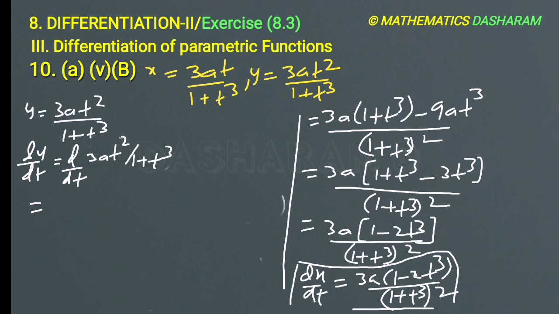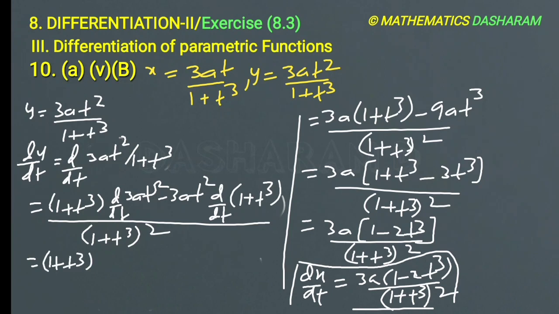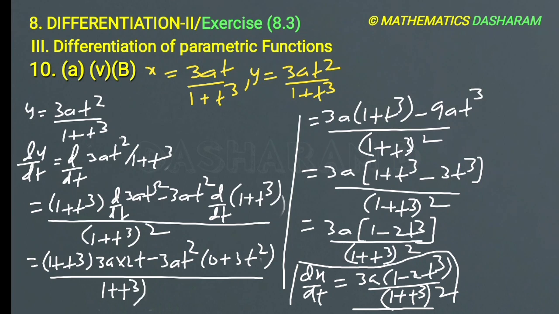Here also apply the same quotient rule, that is the u by v formula. (1 + t³) into the derivative of 3at² minus 3at² into the derivative of (1 + t³), whole divided by v², that is (1 + t³)². It equals (1 + t³) into the derivative of 3at², which is 3a into 2t, minus 3at² into the derivative of (1 + t³), which is 0 plus 3t², divided by (1 + t³)².